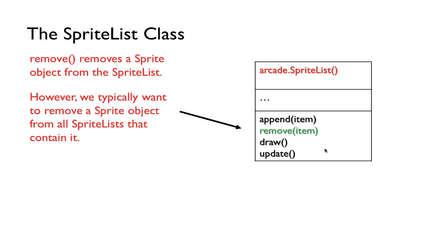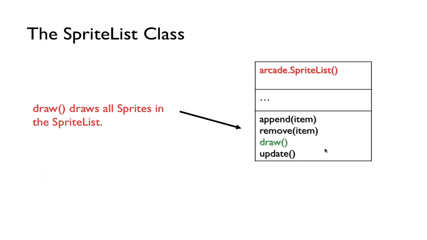So instead of calling the remove method, which only removes the sprite from this one list, we want to remove it from all lists. There's a method called kill, from the Sprite class, that allows us to remove it from all lists. If I call coin.kill, then the coin sprite object will be removed from all lists that contain it.